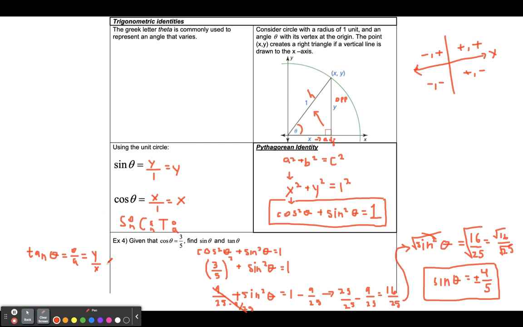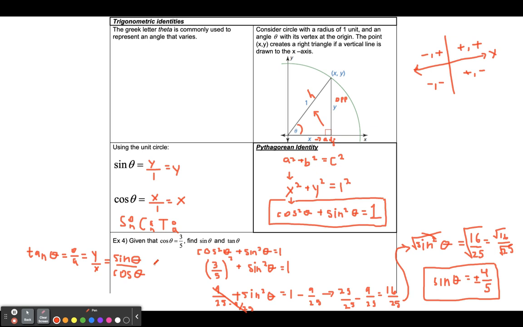So instead of saying y, I can say sine of theta over, and again, going back to what we saw over here, x can also be interchangeable with cosine theta. So instead of writing x, I'm going to write cosine theta.